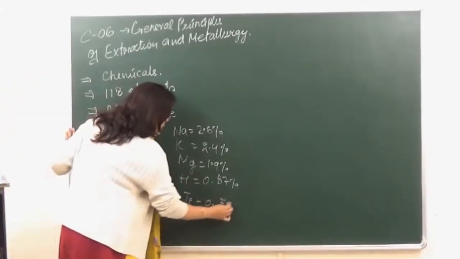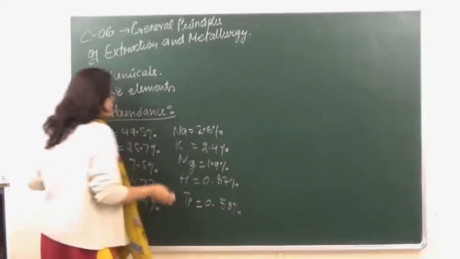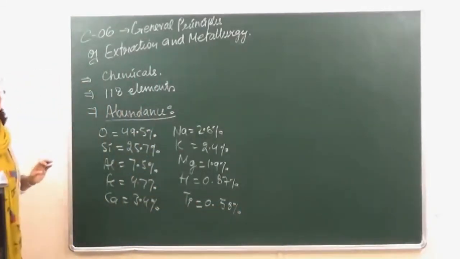So these are the first 10 elements in order of abundance, right?